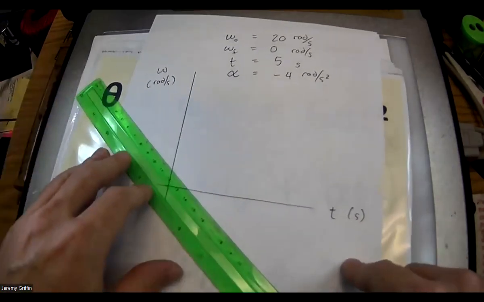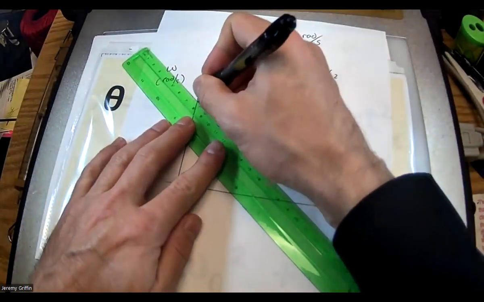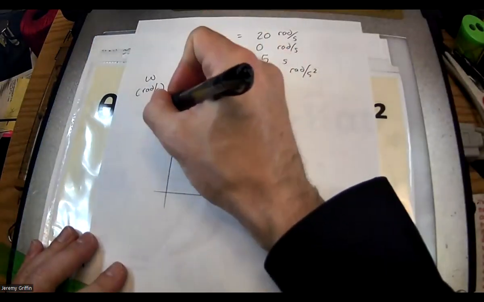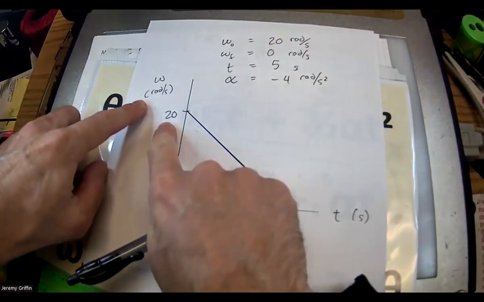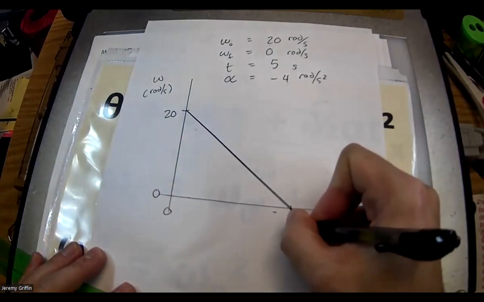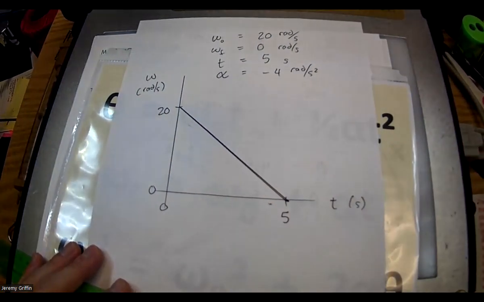All right. I think Ian got it. Were you guys also thinking this right here? Right, just like that. Where it starts at 20 radians per second, and it goes to 0 radians per second, and this happens in 5 seconds, right? Just like that.